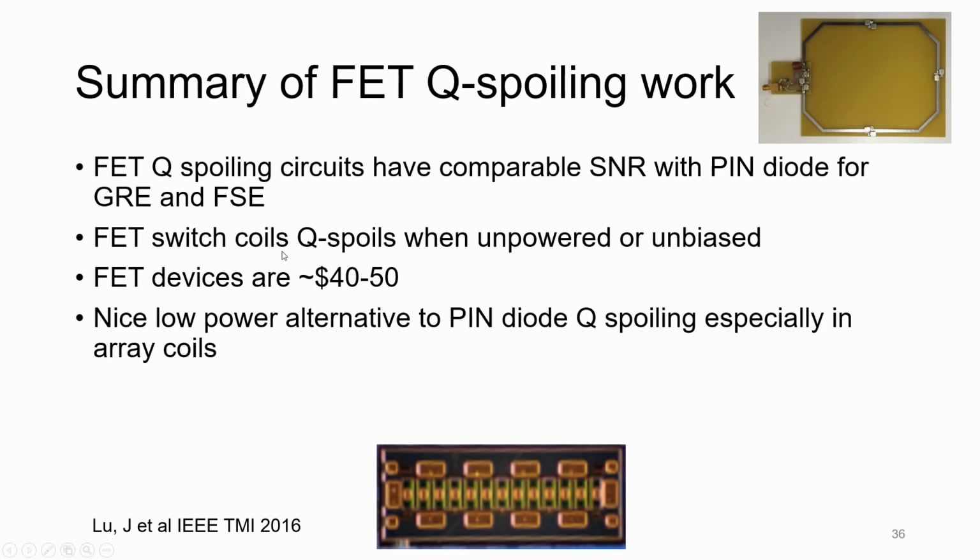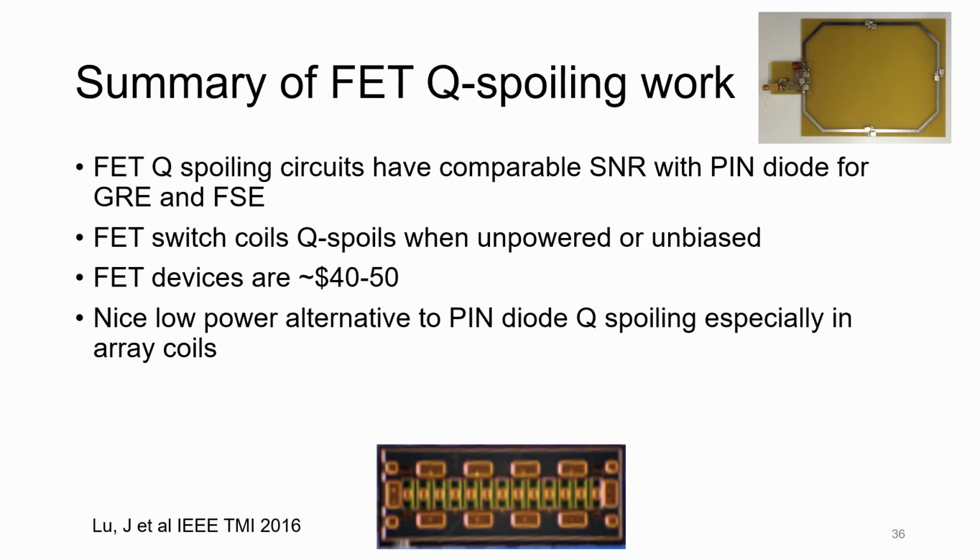And we also noticed that the FET switch coils, they Q-spoil when they're unpowered or unbiased, which is great for safety reasons. We also note that the FET devices are actually very cheap. They're only $40 to $50 per pop. So it's not like a huge monetary cost for us to use these FET coils.